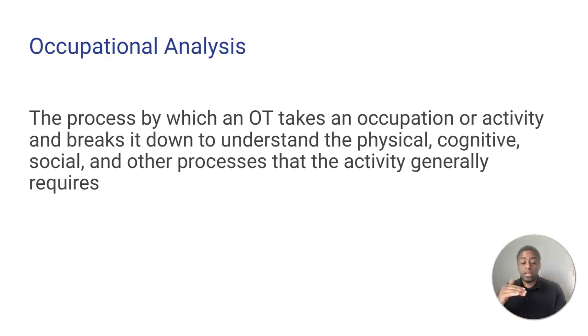We break tasks down into smaller components, and not just from an assessment standpoint, but also when we plan and implement our interventions. So when we determine assist levels, we're going to break down the different tasks into smaller subtasks, and we are going to evaluate a person's ability to do each of those subtasks. Based on that, we'll make a determination of the level of assistance they require, right?